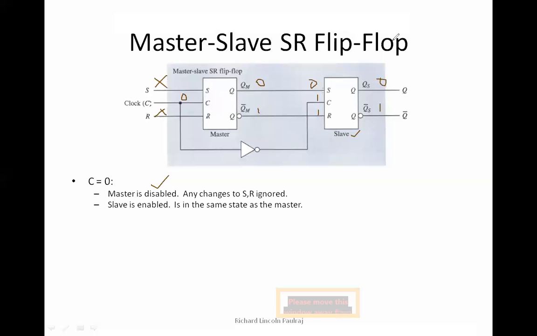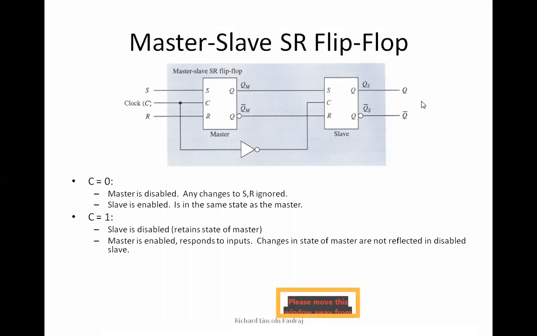Now let us go with the next case, when C is equal to 1. At this point, the reverse happens. The slave gets disabled and the master gets enabled. When the slave is disabled, whatever values we had previously, say for example 0 and 1, will be retained, because my clock now is 0 here and 1 here.